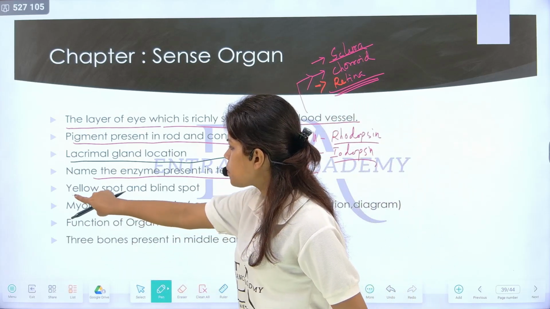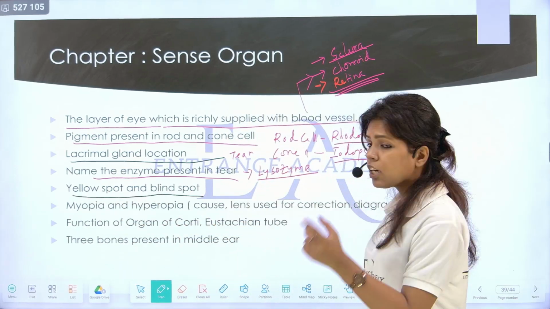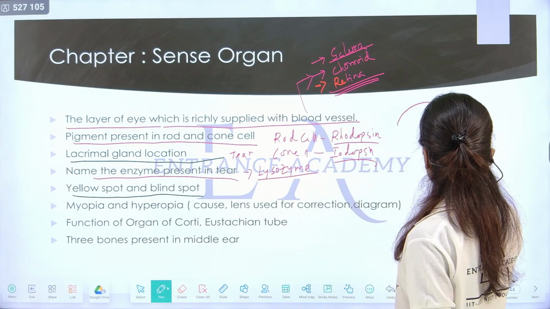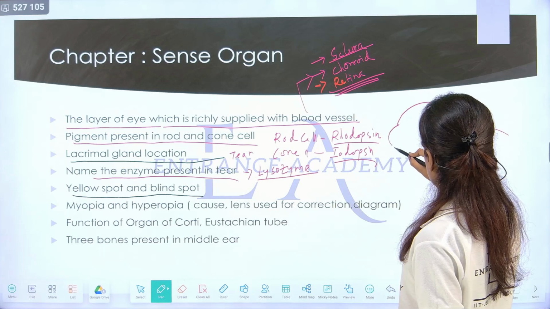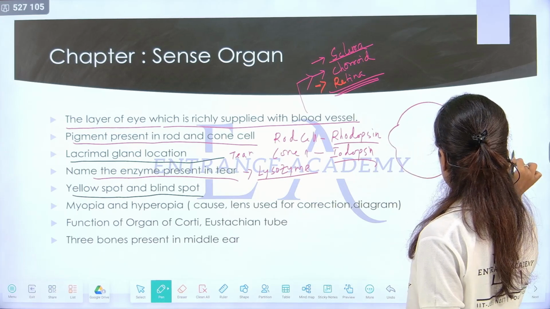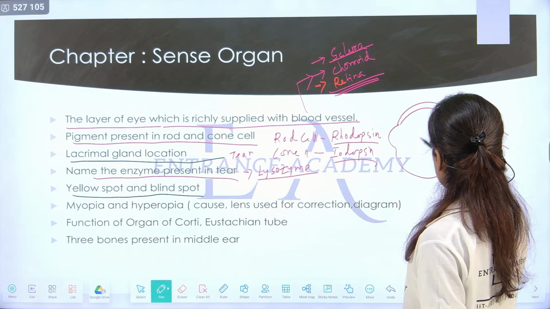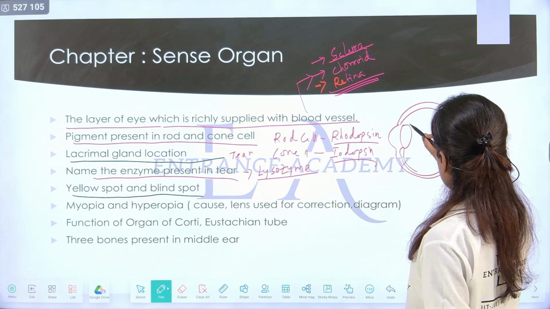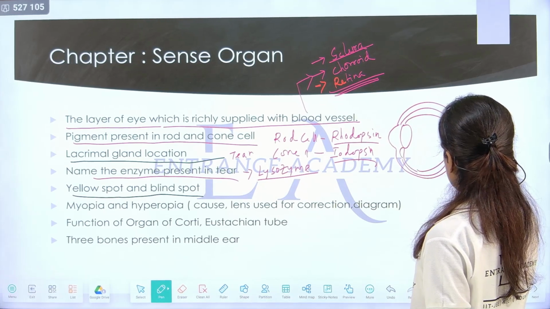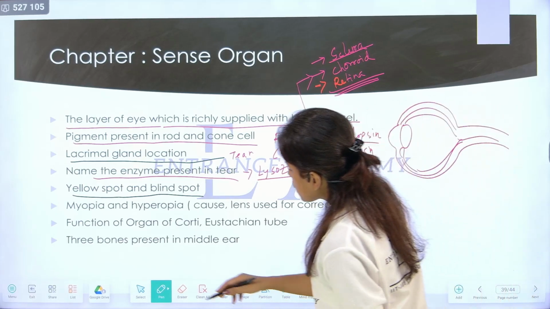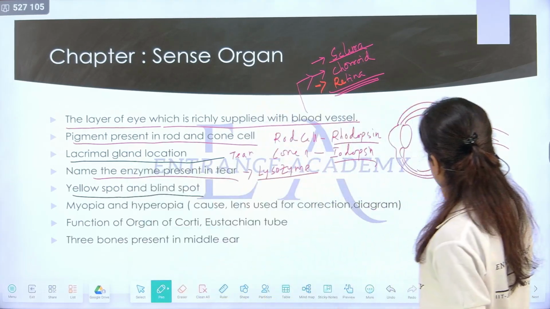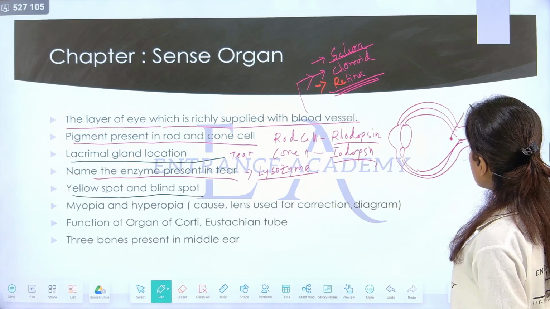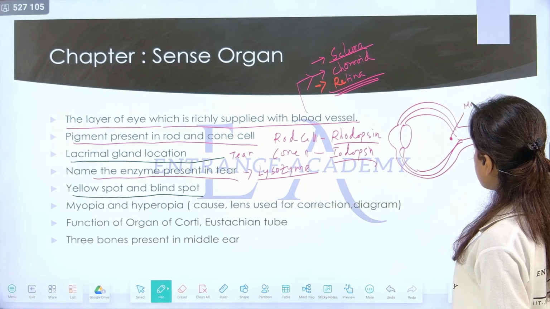Next, what are yellow spot and blind spot? Yellow spot is the region present in the retina where the number of rod and cone cells is maximum.